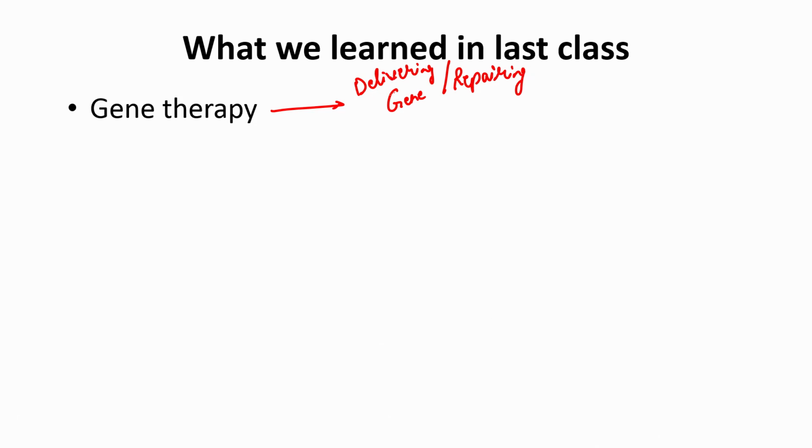The delivery of the gene could be in the form of just the whole cell itself that carries your gene of interest, and then if the cell is not autologous, that means that if the cell is not from your own body, then you have to devise your drug delivery vehicle in such a way that it is protected from the immune system, and we have again discussed quite a lot about this in previous classes.